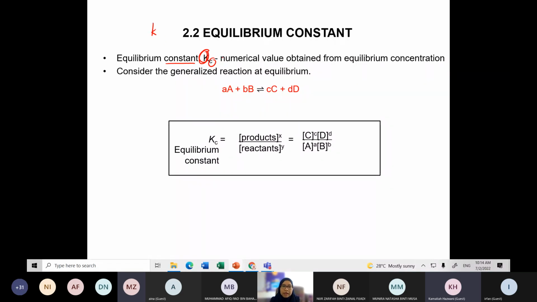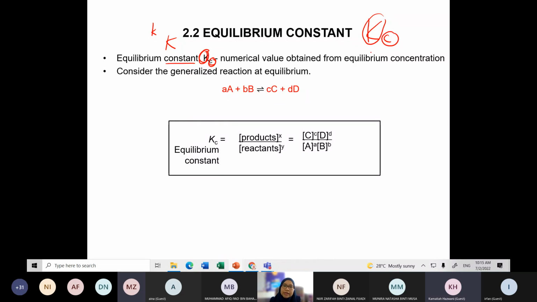But for the equilibrium constant, in topic 2, we are going to represent the constant as capital K. If it is measured in terms of concentration, it will be Kc. Capital K shows that it is an equilibrium constant.